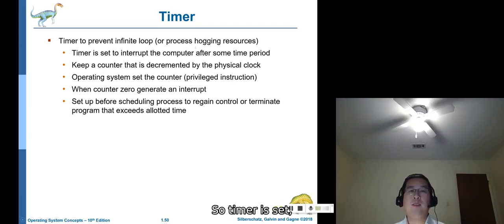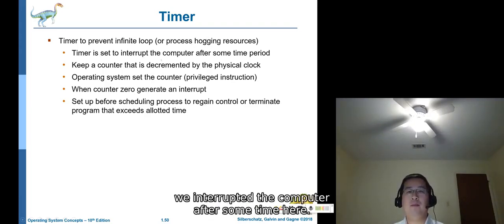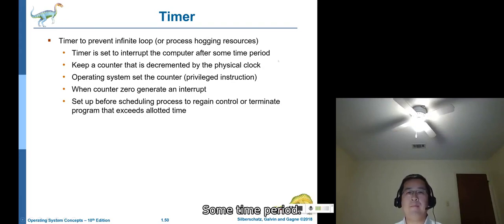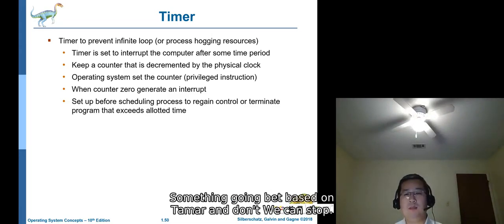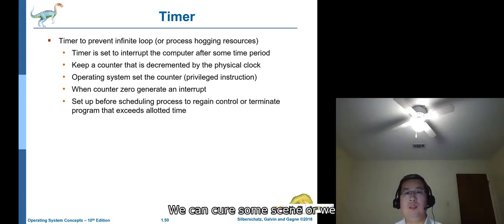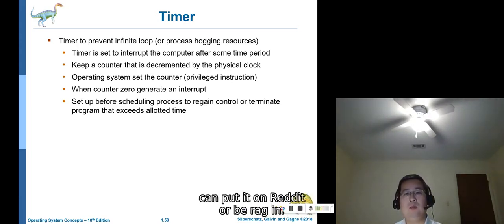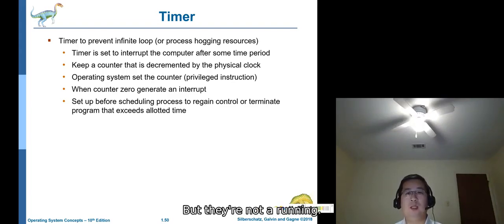So the timer is set to interrupt the computer after some time period. After that period, if you cannot continue, for example, like in deadlock detection, we may detect that something is going bad based on the timer, and then we can stop or kill something, or put it back to ready to be run again, but not running.